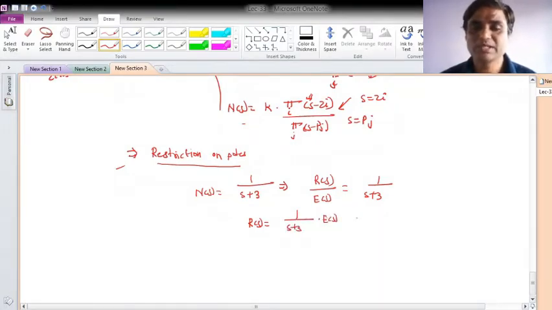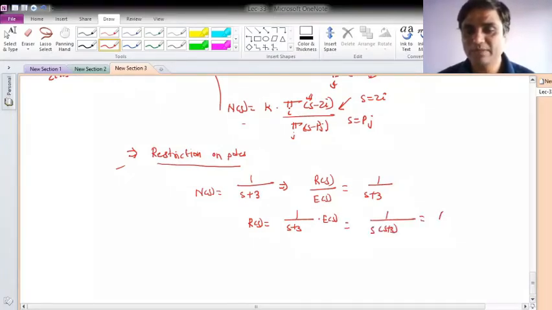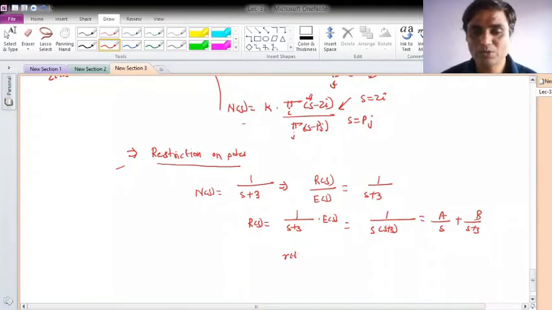And suppose the excitation is a unit step applied to the network. What is its Laplace transform? It is 1 by s. So how can I write it? It is 1 over s into (s plus 3). Let me use partial fractions here: A upon s plus B upon s plus 3. So what will my r(t) be now? r(t) will be (A plus B e^(-3t)) into u(t).